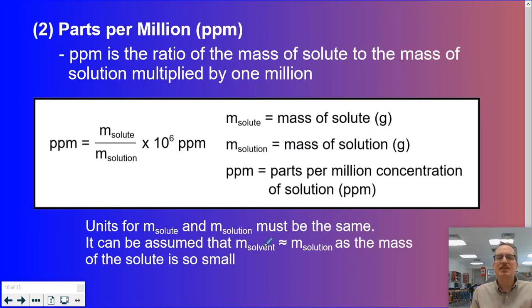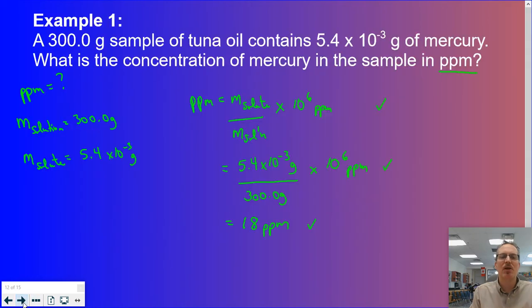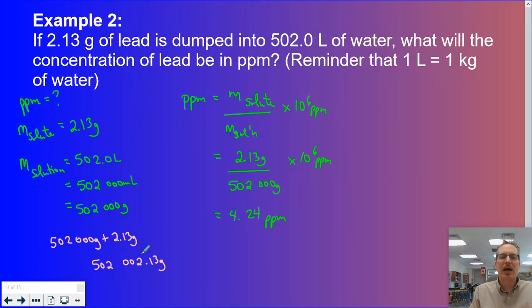But remember, we made an assumption a couple slides ago, and the assumption we made was that the mass of solvent is going to be roughly equal to the mass of solution because the number is so small for the solute. So ideally, if you did this question again and you substituted instead 502,000 and 2.13 grams for the solution, what you're going to see is you are still going to get this number.